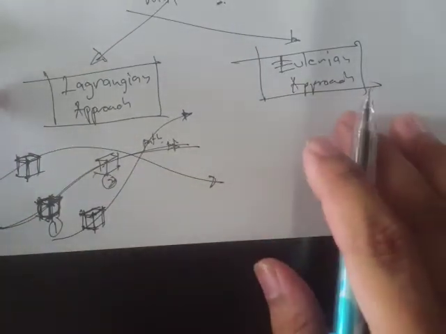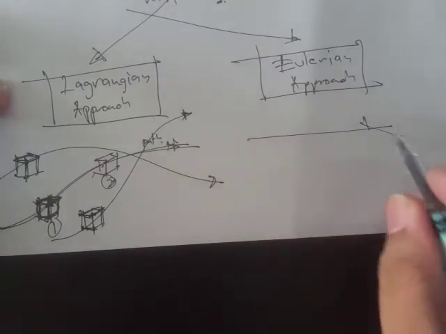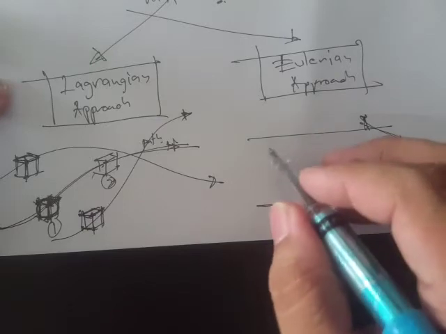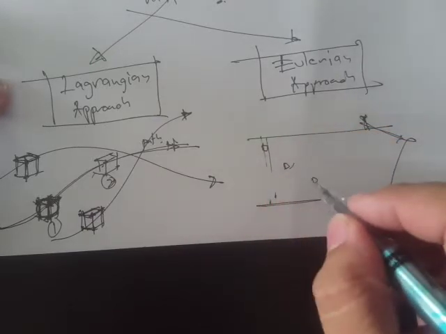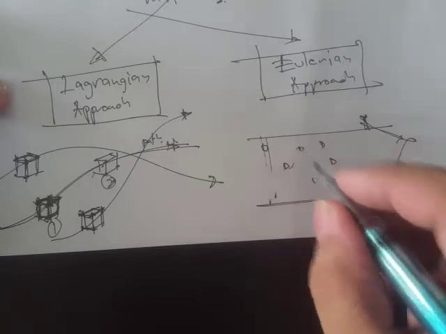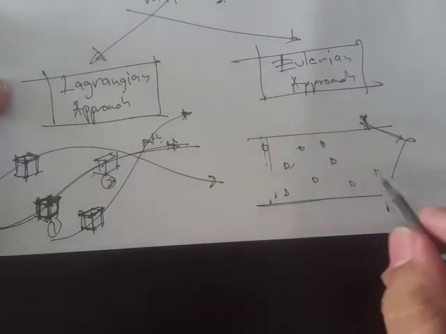Now for the Eulerian approach, let's say we have this bulk flow of fluid, with a lot of elements right here, because we said that a fluid is viewed as a continuum.